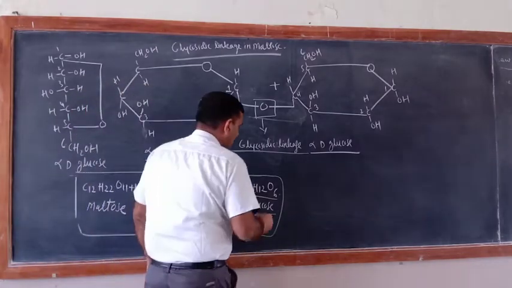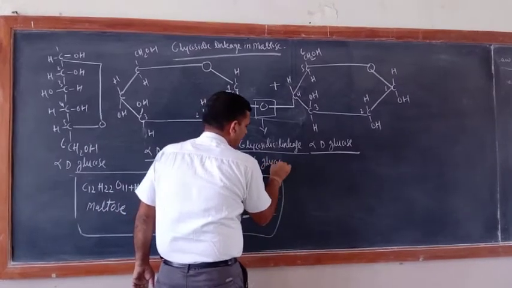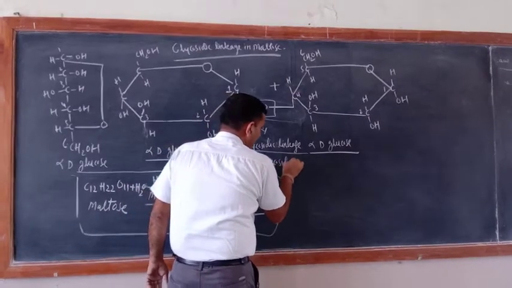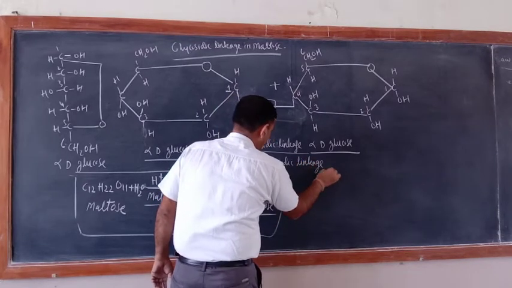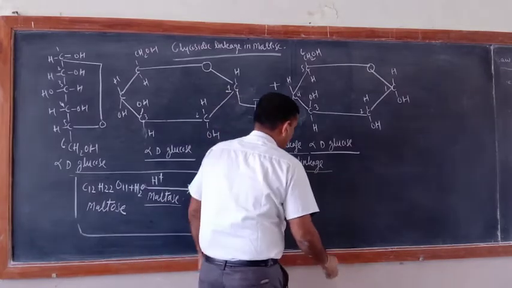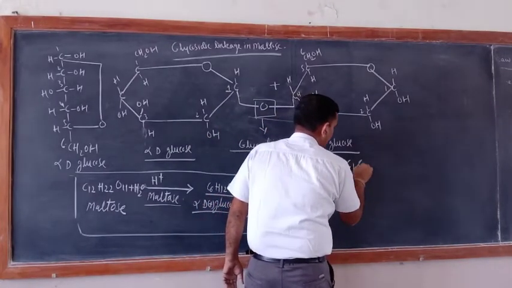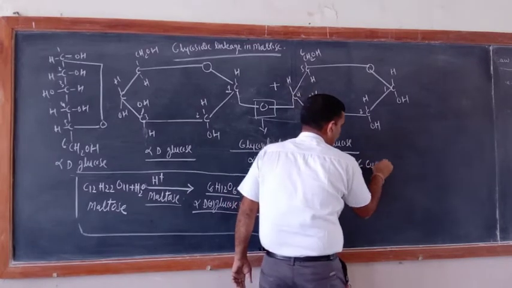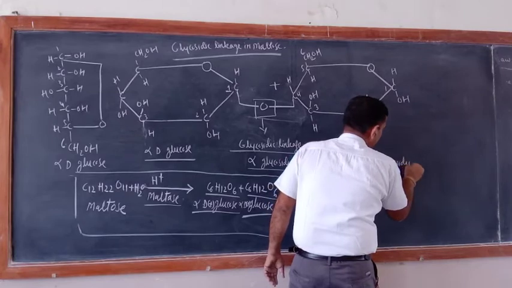This can be known as alpha glycosidic linkage. This can also be known as C1 and C4 glycosidic linkage.